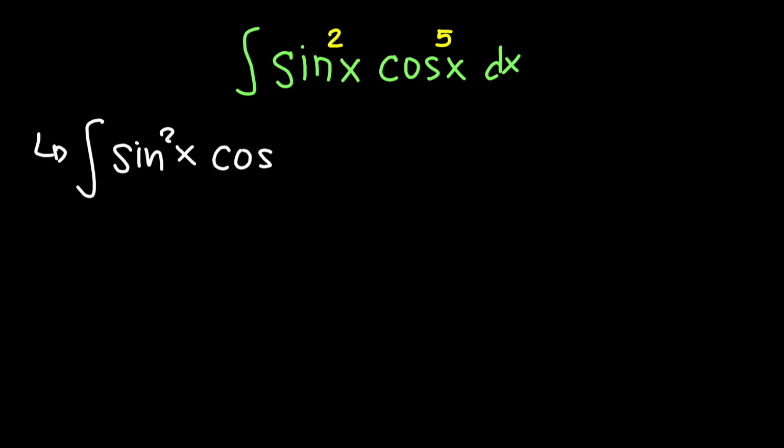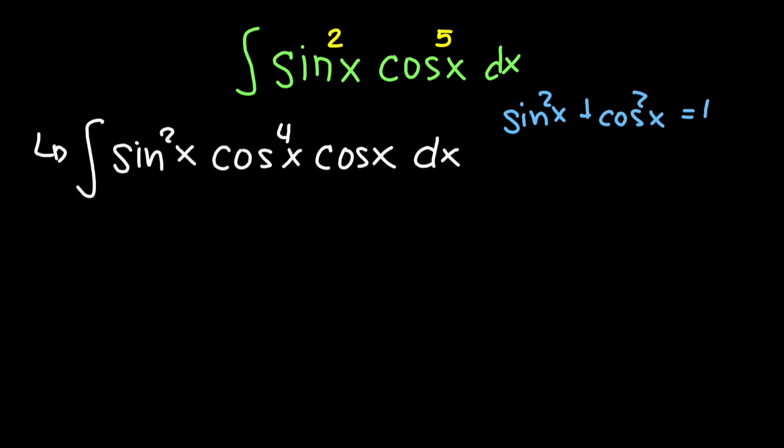This would be cosine to the power 4 of x multiplied by the factored out cosine of x dx. And the next step would be to transform what's left into their trigonometric identity. Based on the Pythagorean identity for trigonometric, sine squared of x plus cosine squared of x is equal to 1.